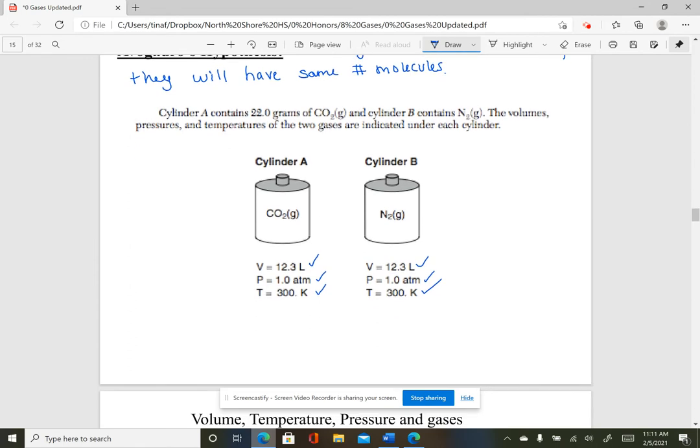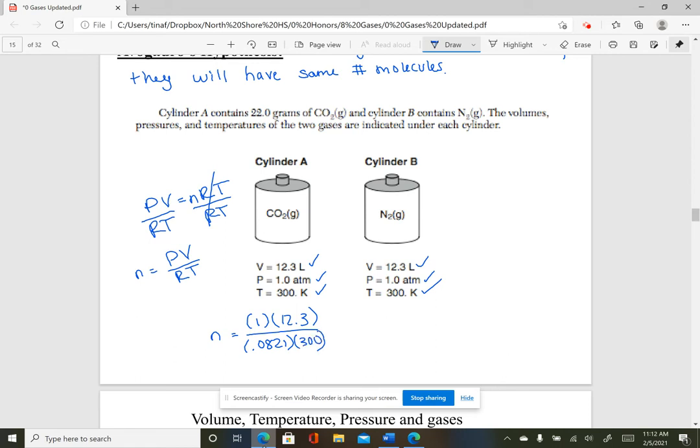So if I use the PV equals nRT formula, and I solve for moles, so if I rearrange this and divide both sides by RT, moles is PV divided by RT. All right, so let's do it. For this container, I have the pressure times the volume over R times the temperature.